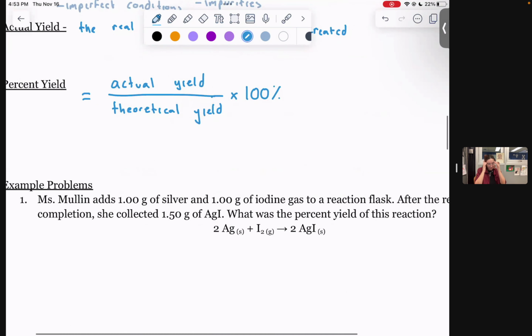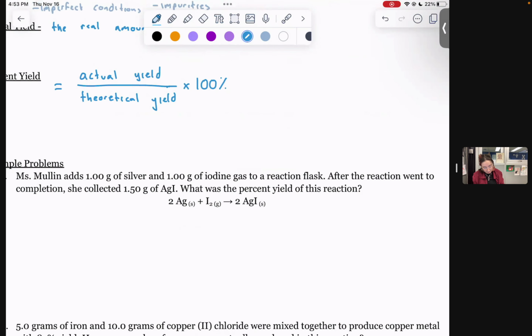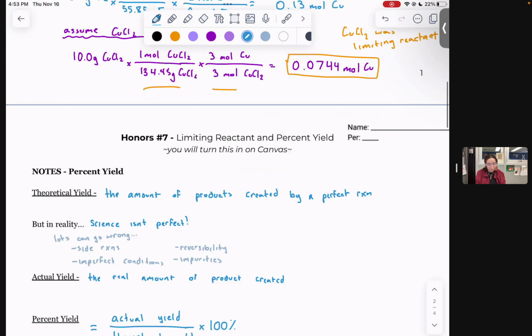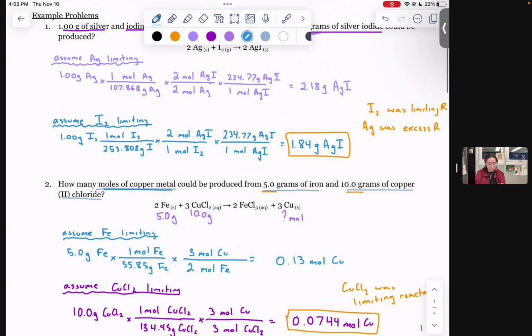So here's an example. This is the same reaction that I gave you up there. I said that I'm going to add a gram of silver and a gram of iodine gas to a flask. And up here, we calculated that we should make this much. This thing we calculate, the amount you think you're going to make, the proper word for that is actually a theoretical yield.